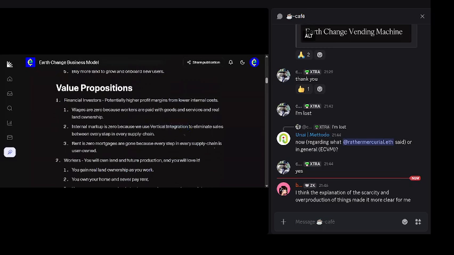Vertically integrated means we own the supply chain from the very beginning to the very end. And this isn't perfect at first. A lot of stuff we won't own, especially because this is kind of a recursive problem. We're not going to own the shovels. We're just going to buy stuff off the shelf at first, right?